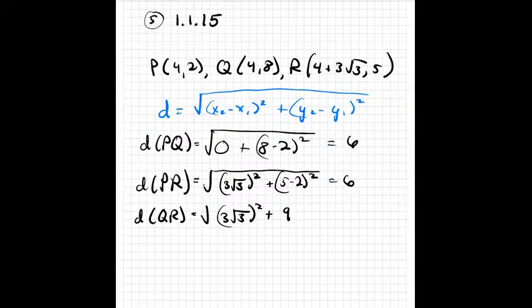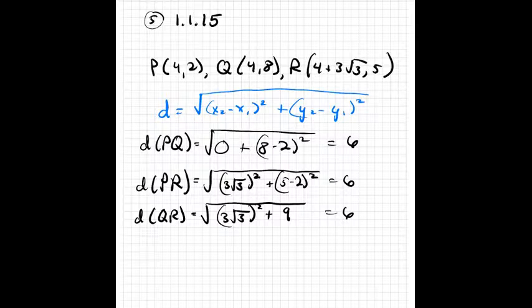So then it's going to be 27 plus 9 is 36. Let me think about this. How are we getting this? I see how. And 6, 6, 6, right? So, since all the sides have the same length, then that means we're dealing with an equilateral triangle.